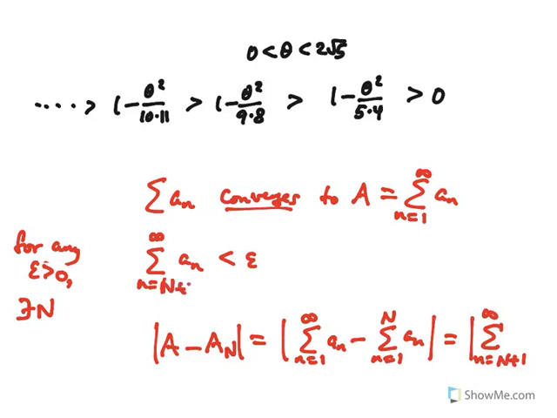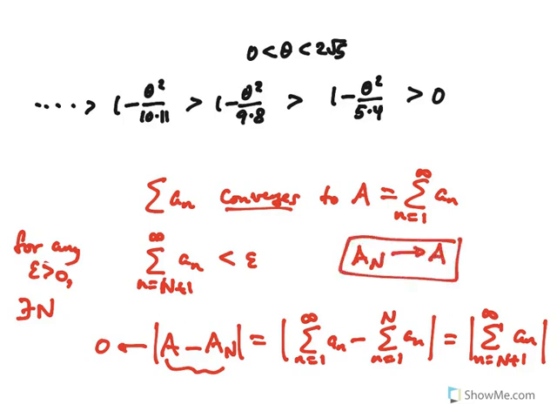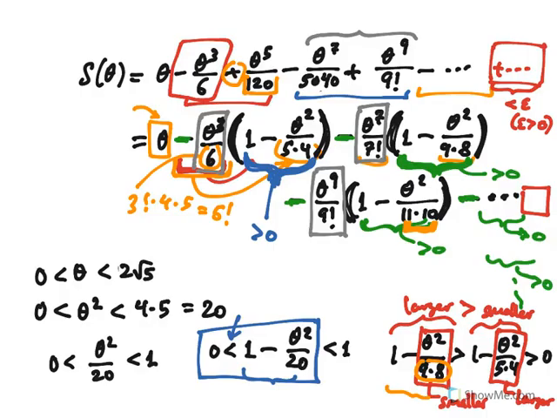But it doesn't matter, I can call that term n plus 1, whatever. Okay, but notice that this is going to 0 because the partial sums of the series are converging to its full sum. So you see the absolute value of that tail is going to 0 as big N increases. So by choosing big N large enough, I can make the absolute value of this tail as small as I please.